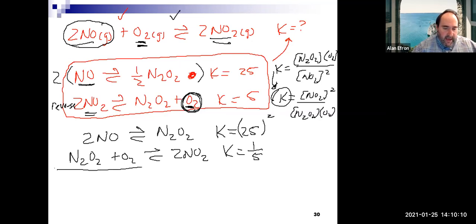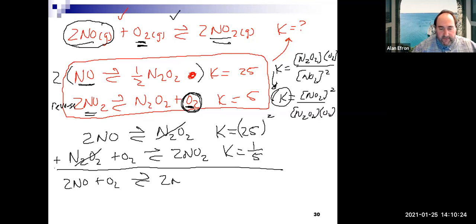Now that we have everybody on the correct side, we can add both of these together. Anything on opposite sides of the arrow that is the same can either cancel out completely or reduce. And if we do that, we get 2NO plus O2 gives us 2NO2. Now, remember in the K values, we'll just get some numbers here. That's going to be 25 squared up on top, it looks like, so that's going to be 625.